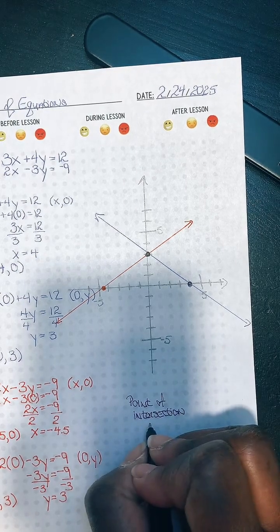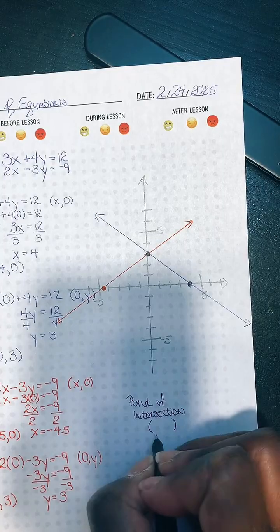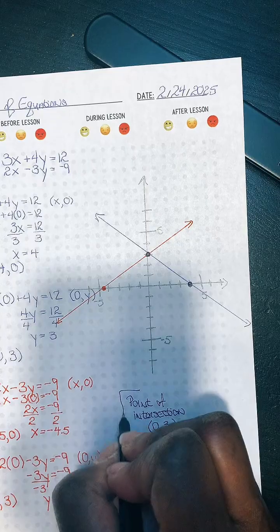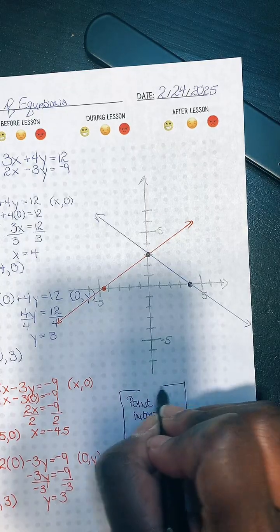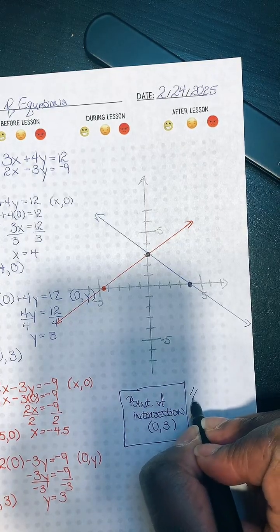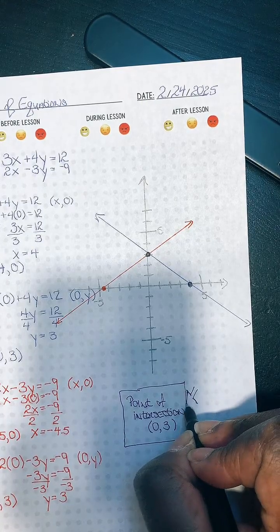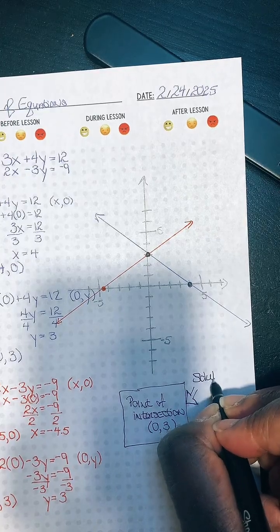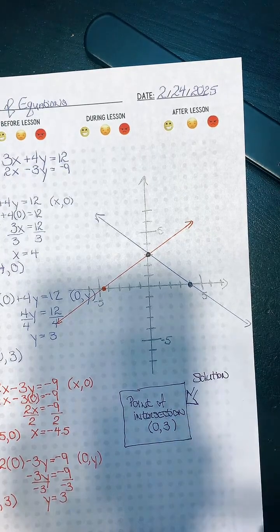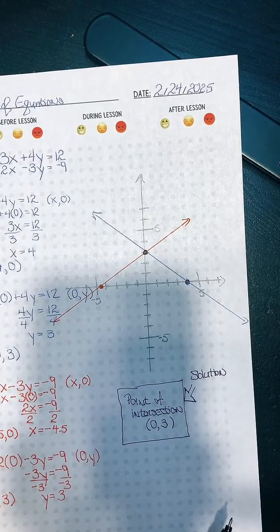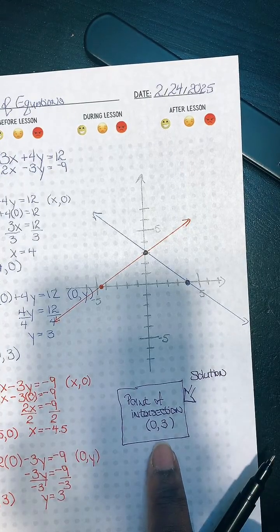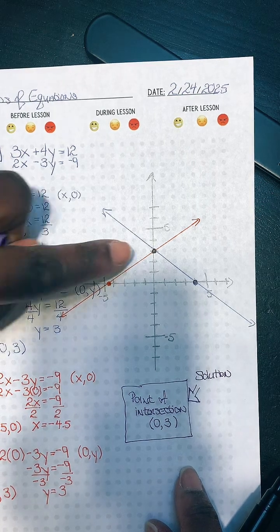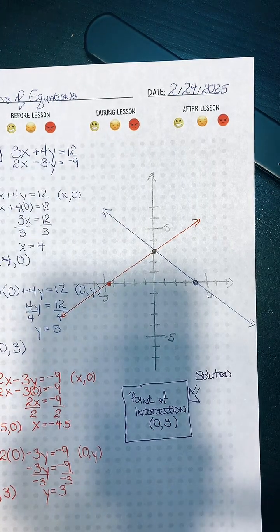So where they cross is at 0, 3. So that point of intersection is also known as your solution. Okay. So that's what we're looking for. We're looking for where those two equations intersect at a common point.